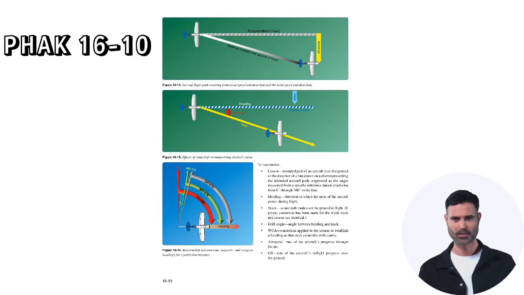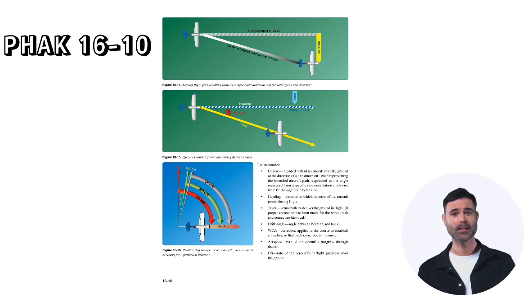To summarize: Course, intended path of an aircraft over the ground, or the direction of a line drawn on a chart representing the intended aircraft path, expressed as the angle measured from a specific reference datum clockwise from 0 degrees through 360 degrees to the line. Heading, direction in which the nose of the aircraft points during flight.